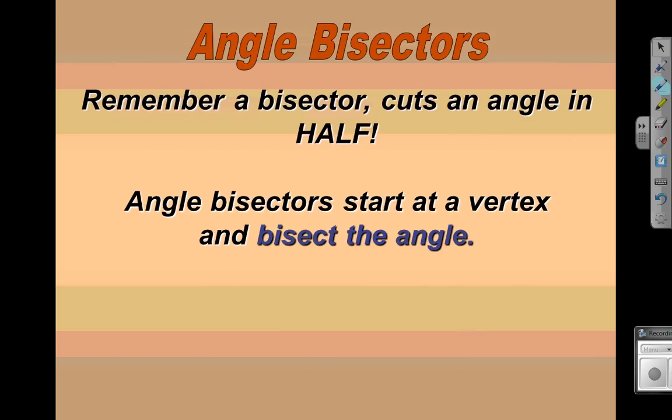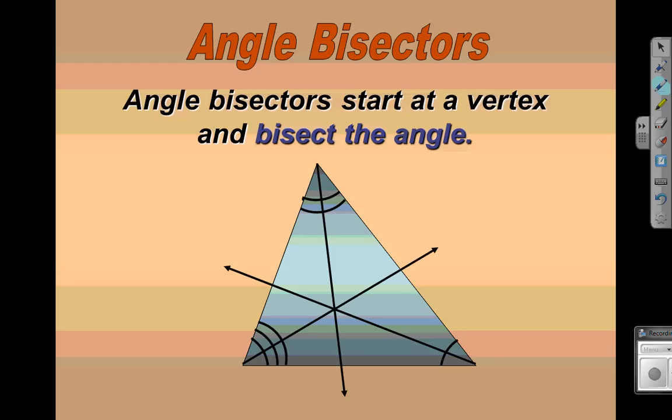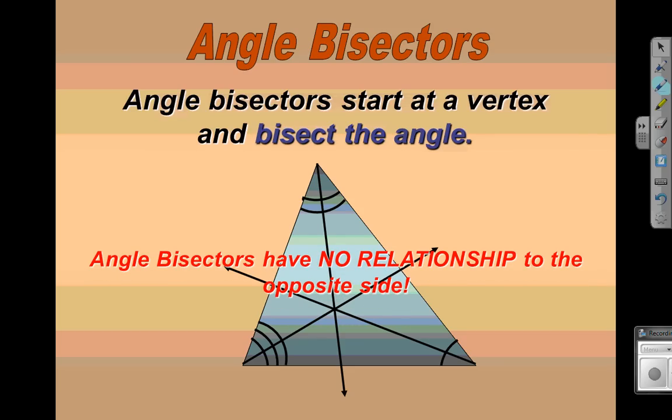Angle bisectors. Remember, a bisector cuts an angle in half. Angle bisectors will start at the vertex and they bisect the angle. Okay? Angle bisectors have no relationship to the opposite side.